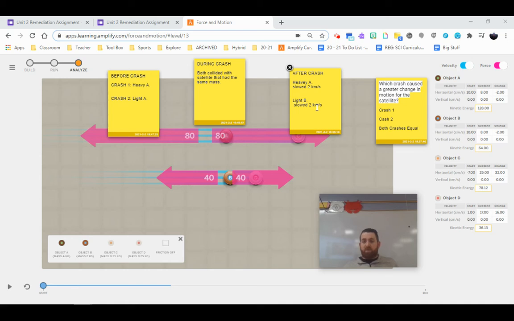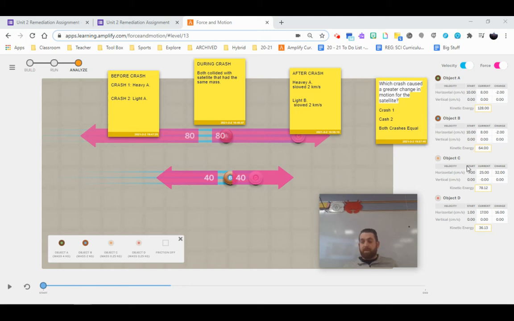So, since this asteroid has more mass and an equal change in speed, it's going to need a stronger force when it collides. Because it collides with a stronger force, C feels that stronger force.